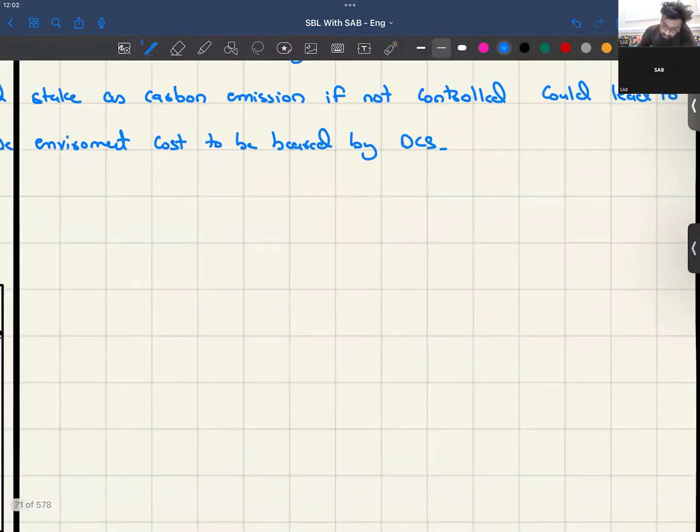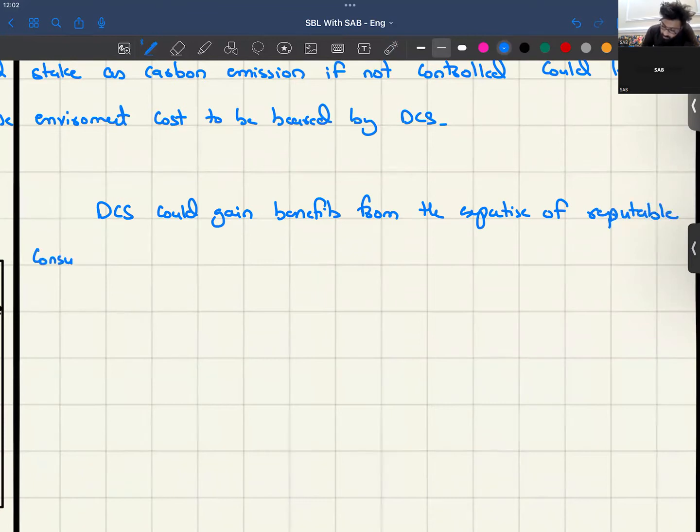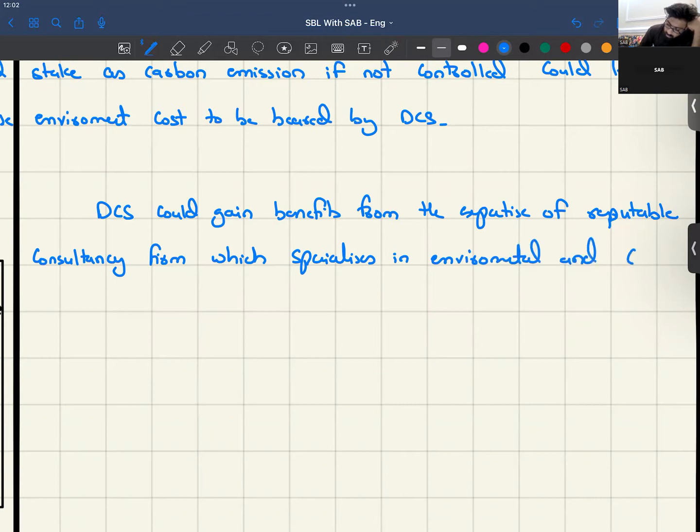Now, talk about the consultancy firm. DCS could gain benefits from the expertise of a reputable consultancy firm which specializes in environment and carbon control.